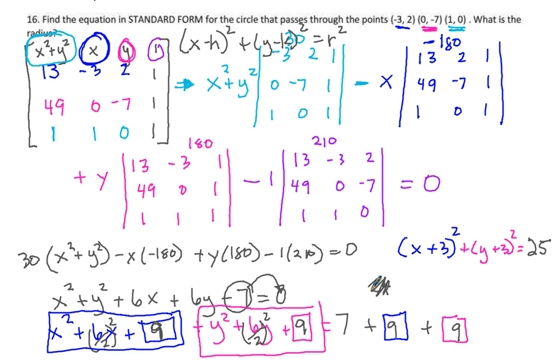So what's the radius? The radius is the square root of 25, which is 5 units. There's your standard equation. There's your radius. We have successfully done what we've been asked to do. So we're done.